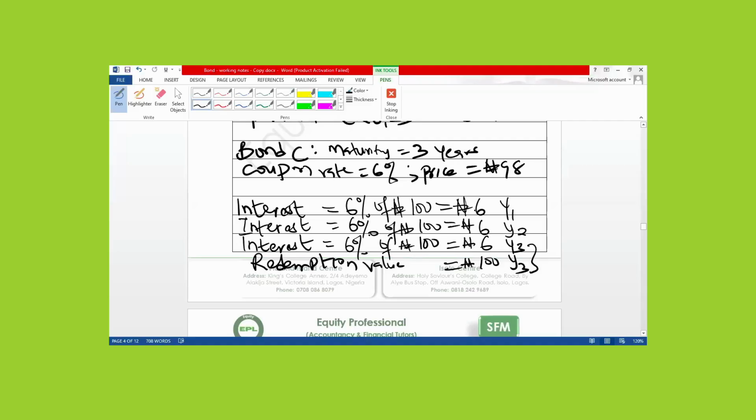That becomes cash flow for year 1 for bond C. Interest in year 2, 6% of the face value, 6 naira. That becomes cash flow in year 2 for bond C. Then year 3, interest plus redemption. Bond C will mature in 3 years.